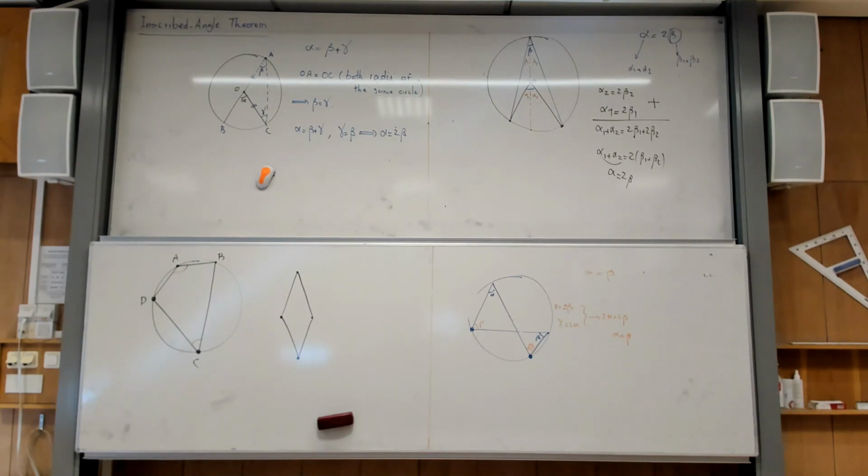Yes? You have two arcs for the two angles, and those two arcs together are 360 degrees. And 360 is supposed to be 2 times those two angles.